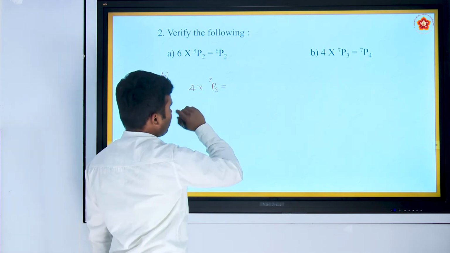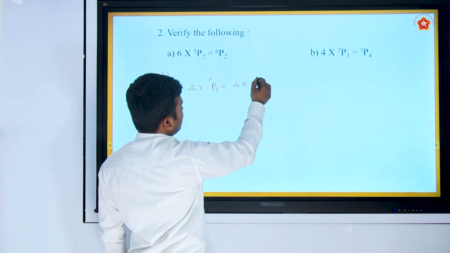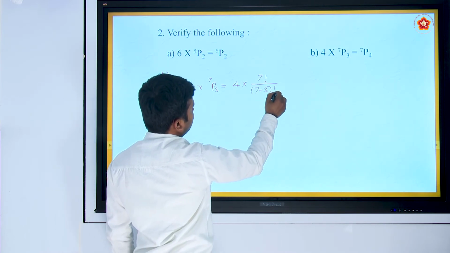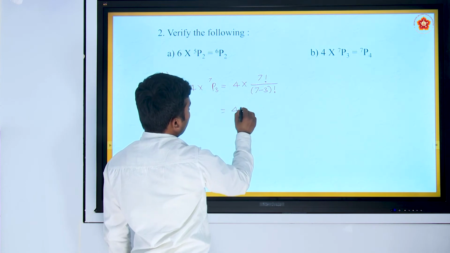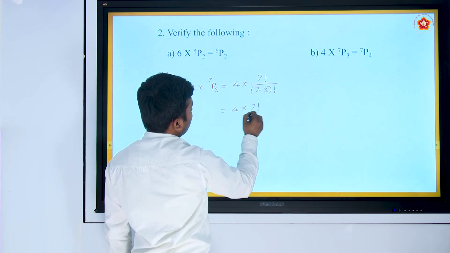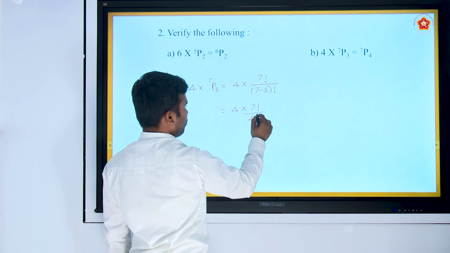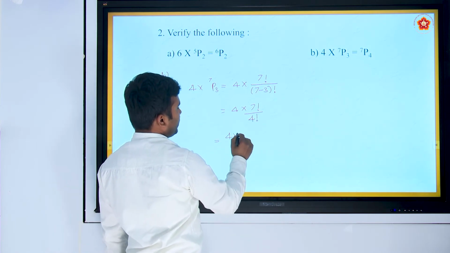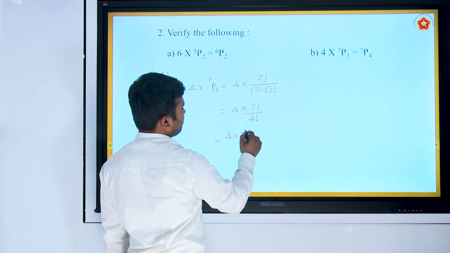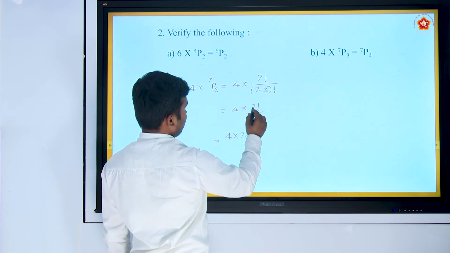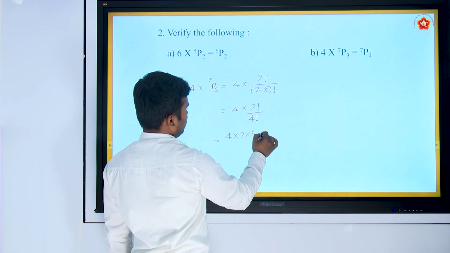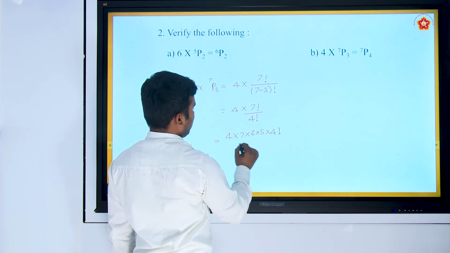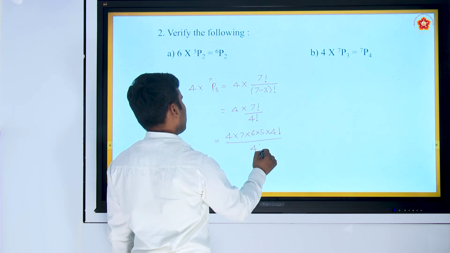That is 4 into 7 factorial divided by (7 minus 3) factorial, which is 4 into 7 into 6 into 5 into 4 factorial divided by 4 factorial.